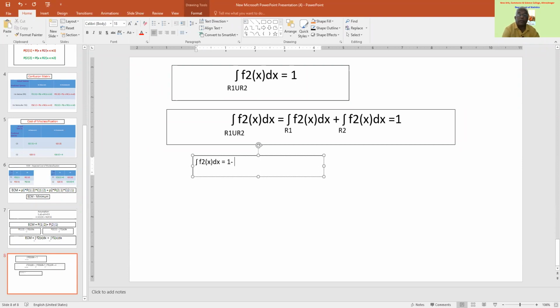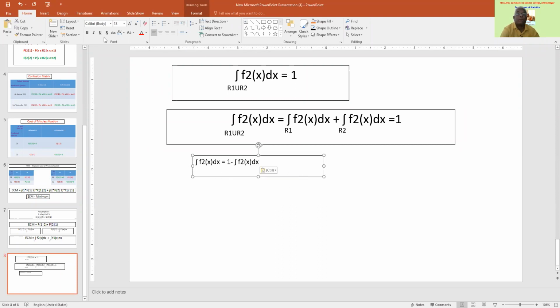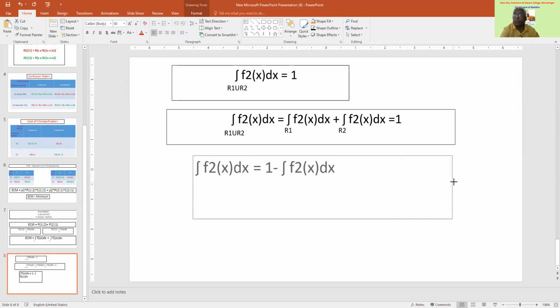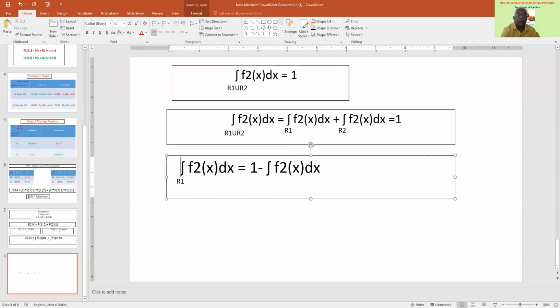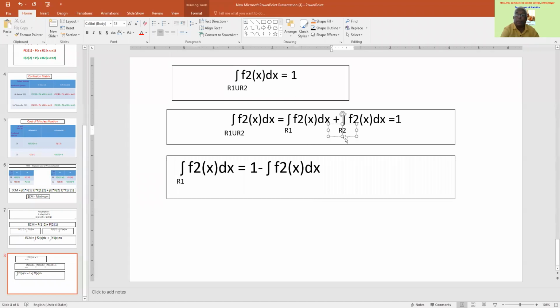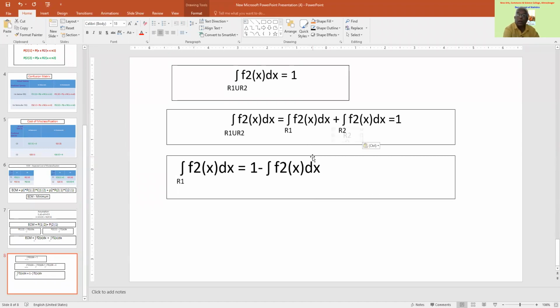It's 1 minus, and this is what I can rewrite.